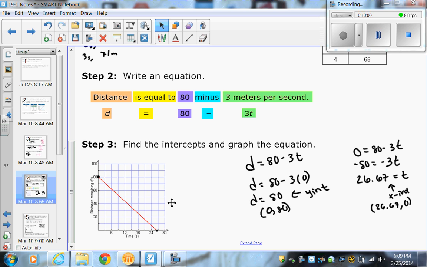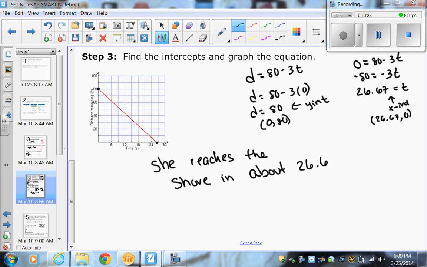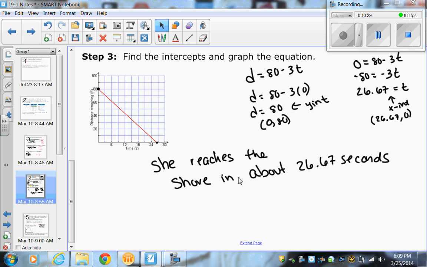So in other words, when will the distance that she has left be 0, which in this case would be our x-intercept. So the overall answer to the question is that she'll reach the shore in about 26.67 seconds.